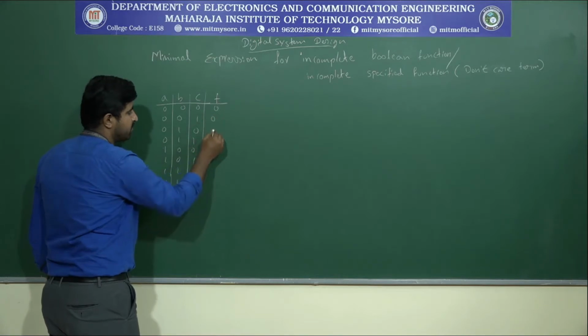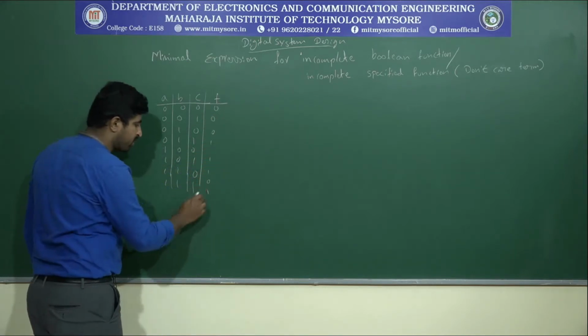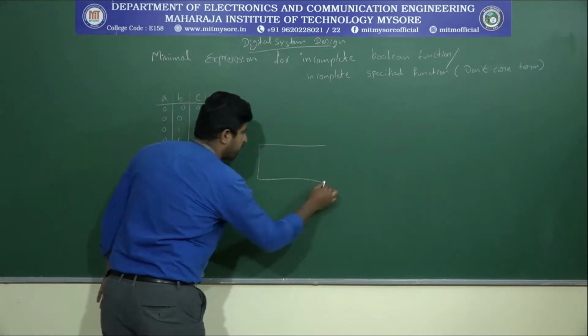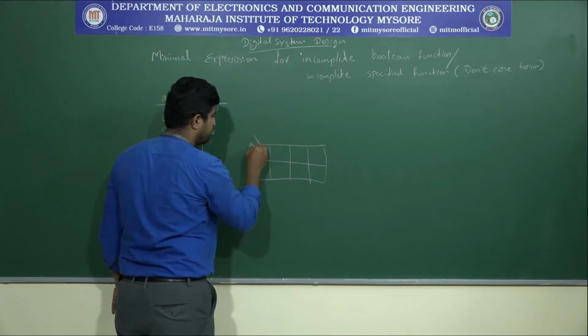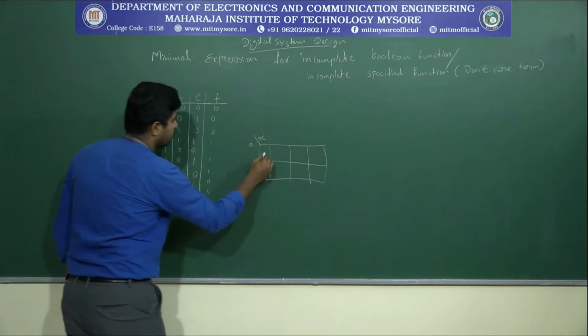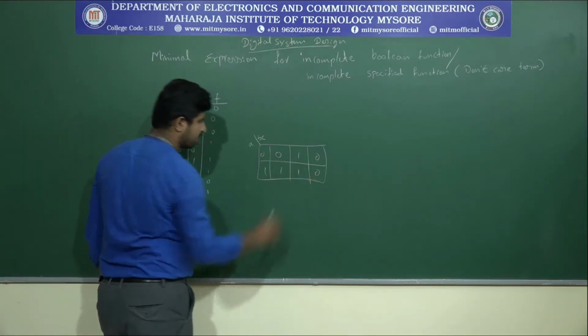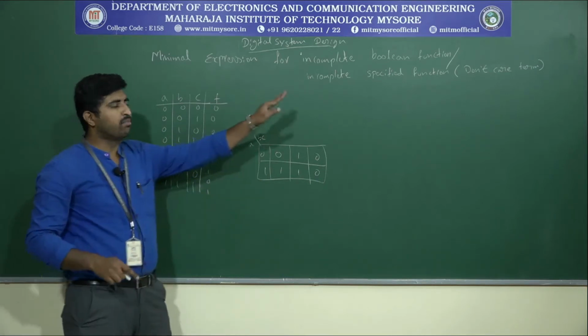I will take an example where the function is specified for all the combinations. That means the whole K-map is filled according to whatever the function is. So here 0, 0, 0, 1, 1, 1, 0, 1. Like this, all are completed, and this is called a complete Boolean function.